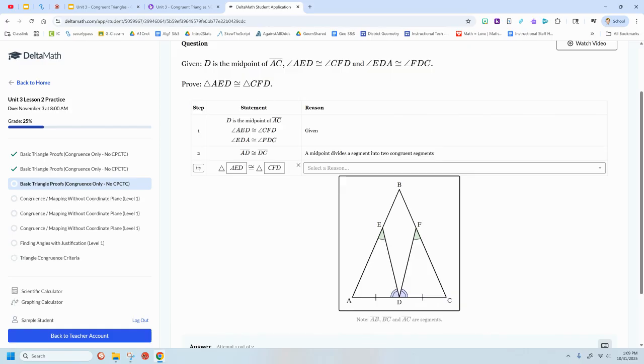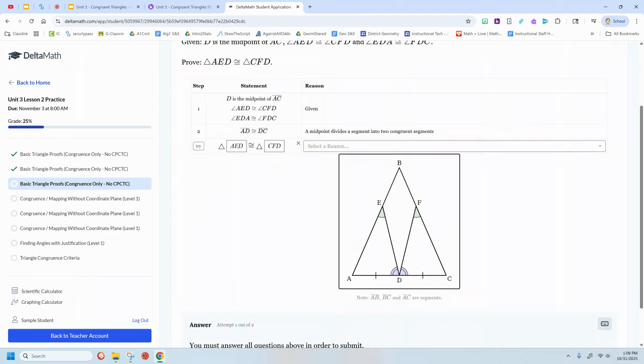Do I have ED in the proof? No, I have AD in the proof. So it's going to be angle, angle, side. I need to make sure it makes sense. I know I'm being like a crazy person about this, but you can do this. This is the easy part. So angle, angle, side.